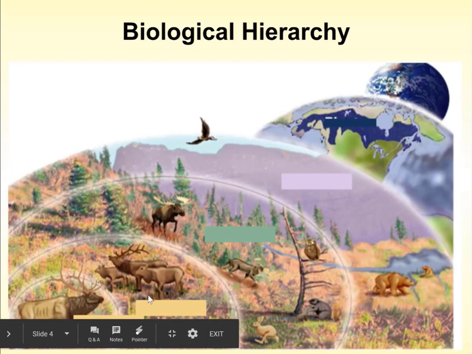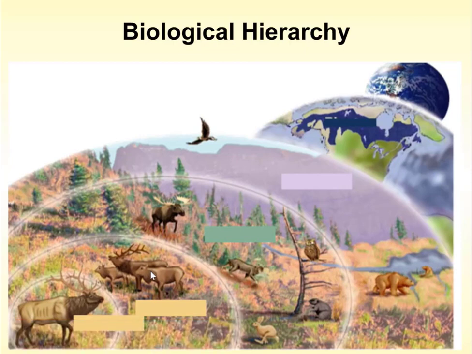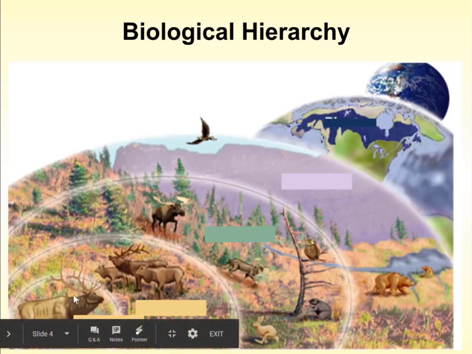As we bring our circle in, we're going to come right here, which is just a population. A population is made of organisms that are all the same species. Highlight that. Population, all same species. They have to live in the same area at the same time. And then we have one individual member right here of a population.